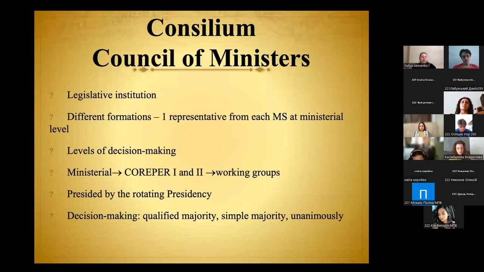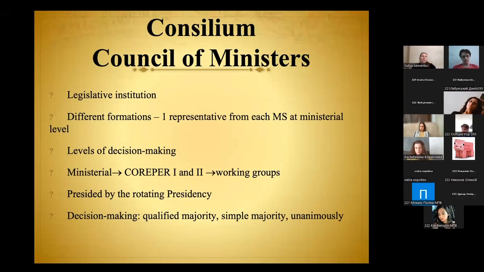After the ambassadors in Coreper 1 discuss these ideas, these propositions, they start to create the agenda for Coreper 2, national deputies. And after it, all these propositions come to the head of the Council of Ministers, and they are cooperating on creating this common view on the agenda for discussing by the ministers.